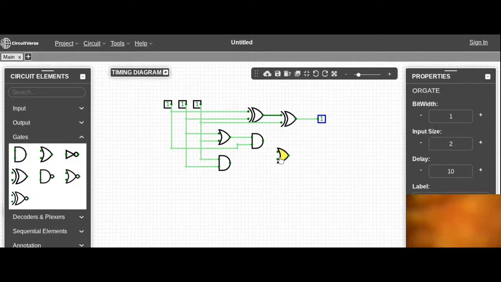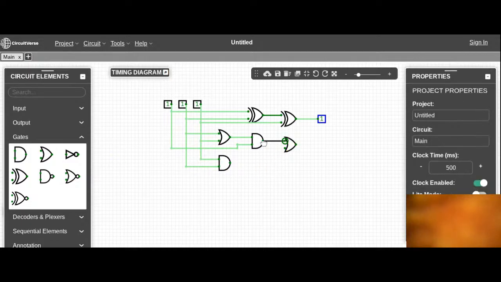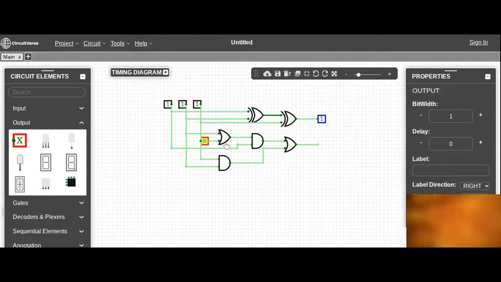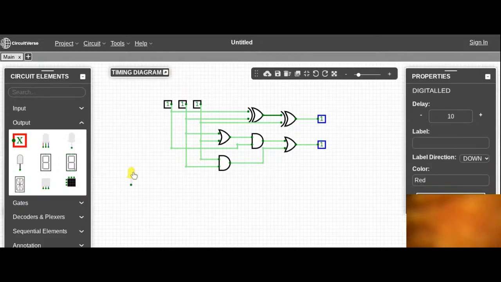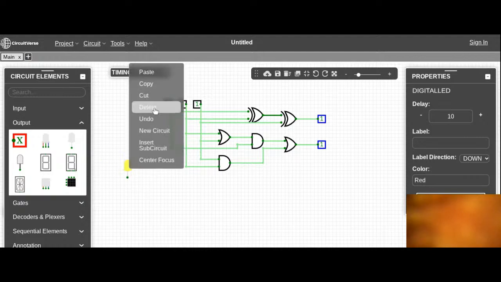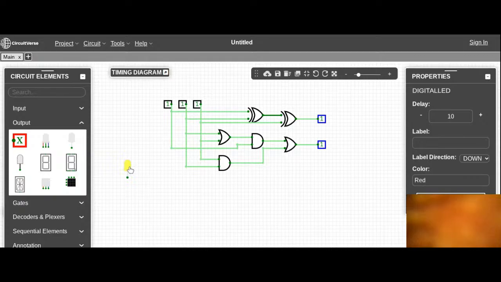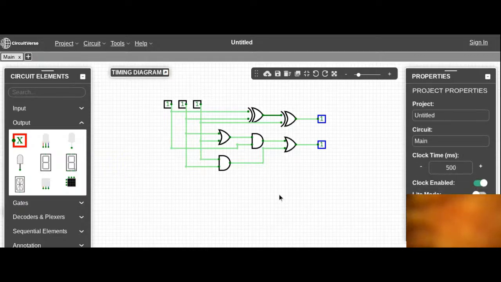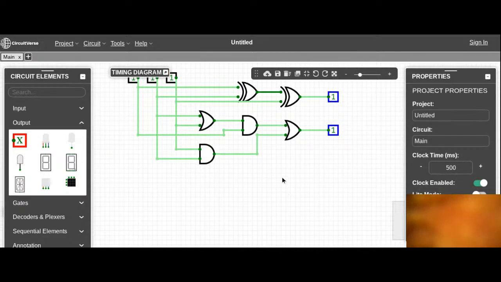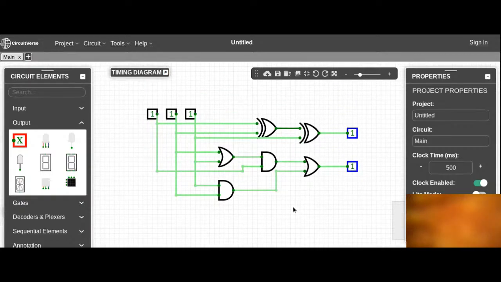Here it will just connect with these, and then this. Okay, so now instead of this output, we put an LED bulb also. This LED bulb. I'll not put this one because I have to make things easier for you guys.